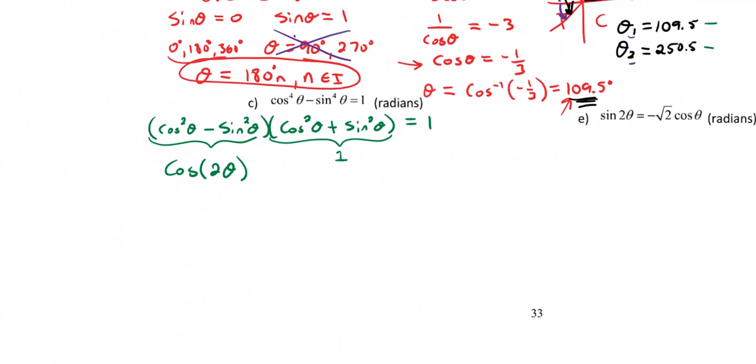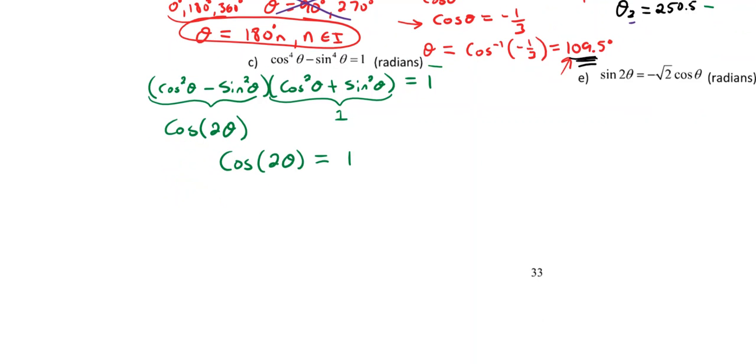Okay, so this whole thing just became, where is cos of 2 theta equal to 1? So 2 theta would be equal to, and I'm just really saying where is cos equal to 1 here, right?